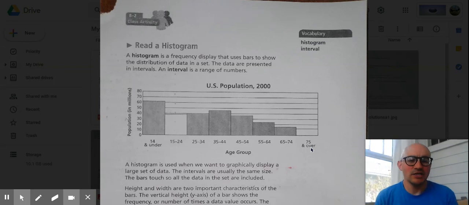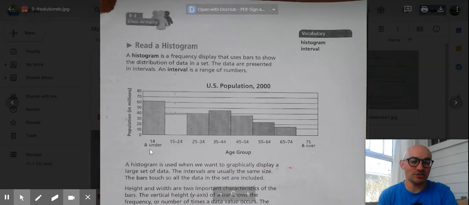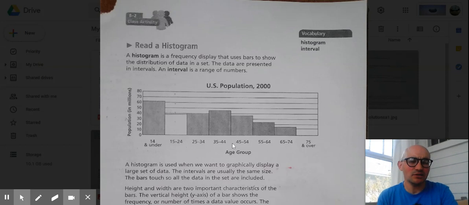Of course, you can live to be over 85, you can live to be 100 and over that as well. So we know that the two largest and smallest age intervals are not exactly 10, but we try to keep these equal just to keep everything organized in our brains, okay?